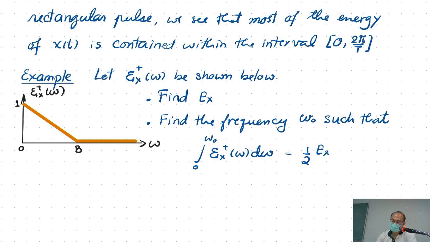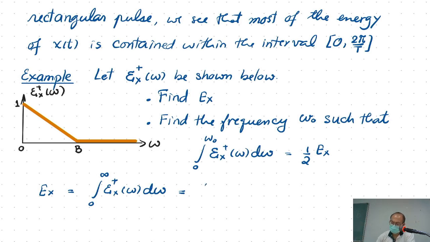Now to answer that, let's find the total energy first. The total energy is easy to find because we only have to find the area under this curve. The total energy is equal to integrating the one-sided ESD over the positive frequency, from 0 to infinity, and integrating this function is just the area of the triangle there.